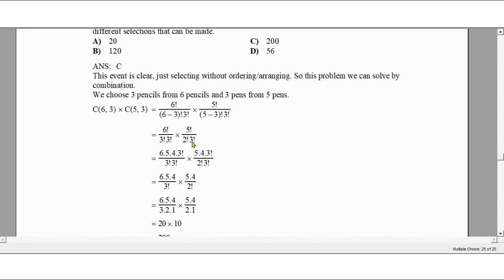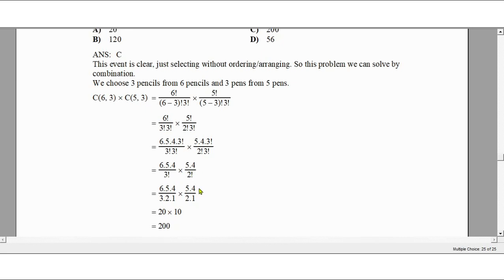Because the biggest factorial in the denominator is 3, we can cancel it. This remains only 6 times 5 times 4 over 3 factorial times 5 times 4 over 2 factorial.